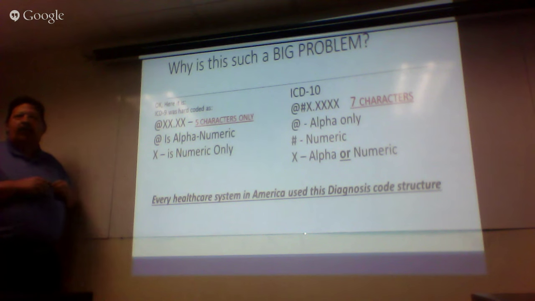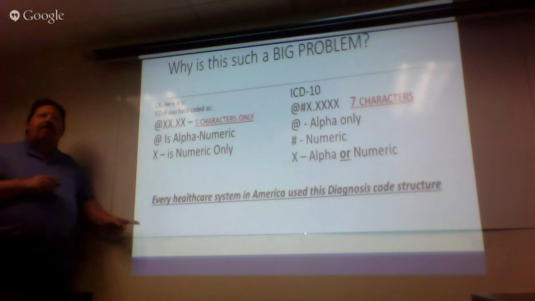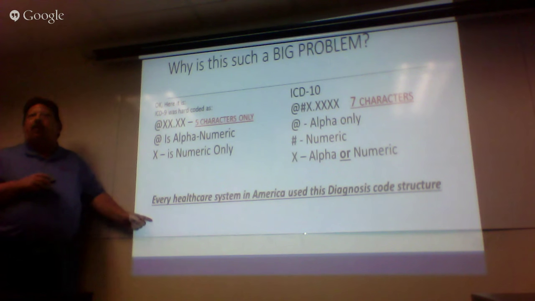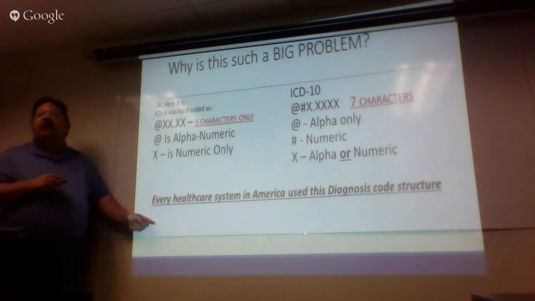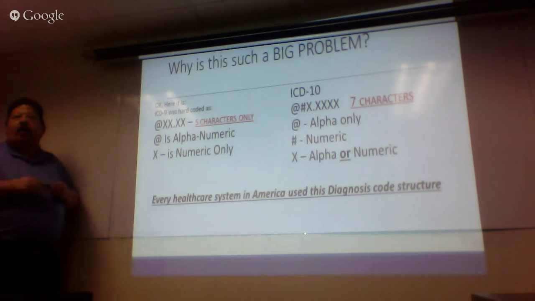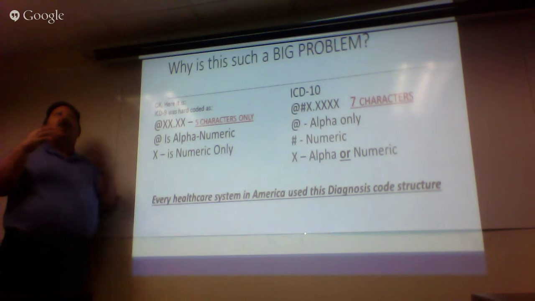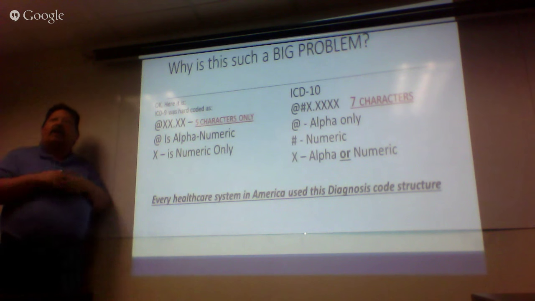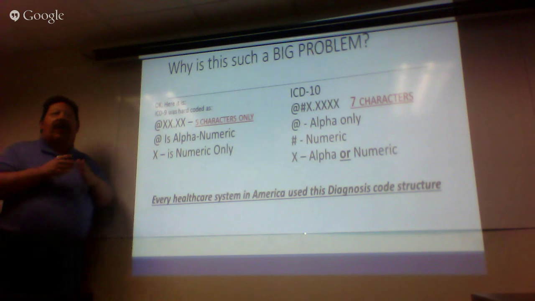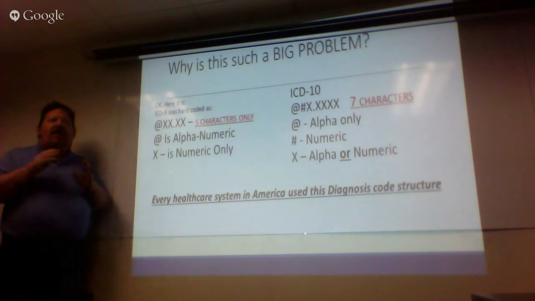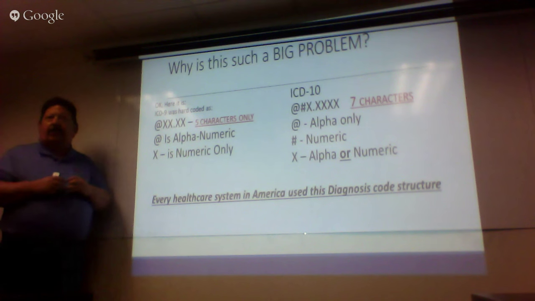Everyone, including workman's comp, which, by the way, is not mandated to move up to ICD-10. ICD-10 for everybody but workman's comp. Workman's comp is not traditionally considered a covered entity under HIPAA. So, in fact, right now, about half the states have not said if they're going to move their workers' comp into ICD-10.